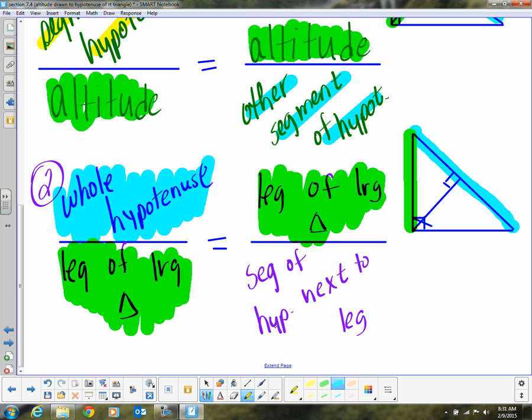Now, which segment is next to it? Do you see that? That segment of the hypotenuse is closest to the green. Now, could we have used that leg right here? Yes. The hypotenuse is still the same, but do we pick a different segment? Yes, we picked this segment.